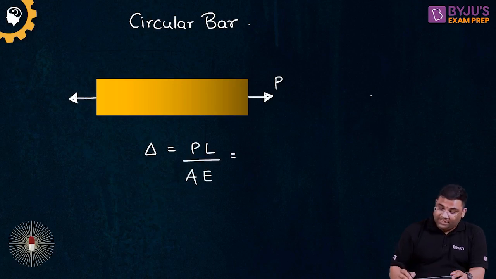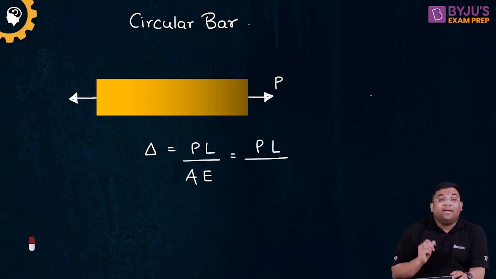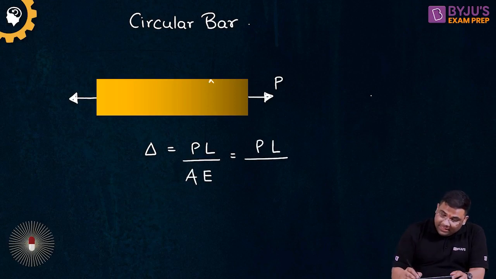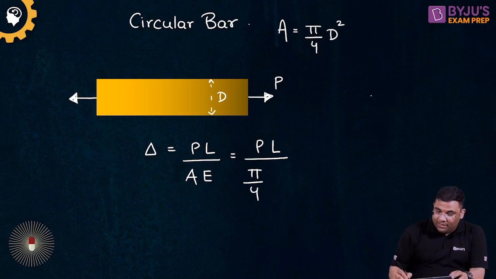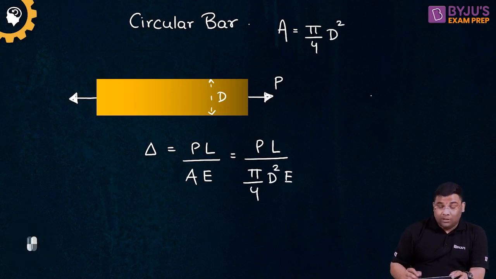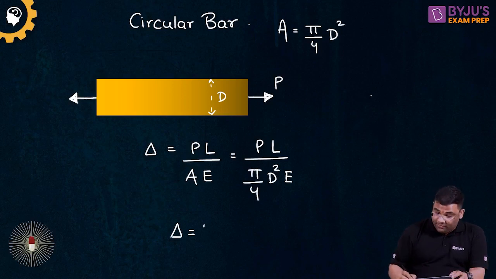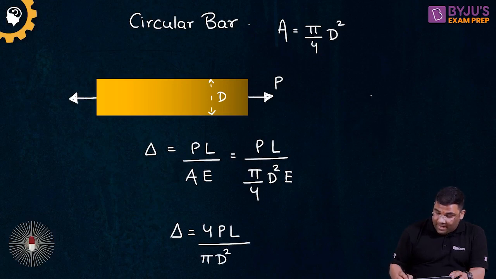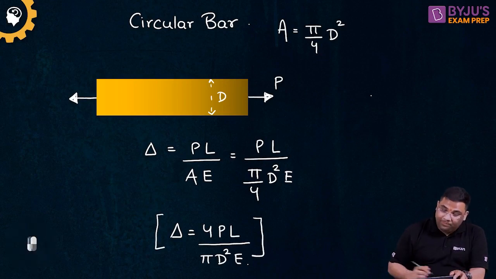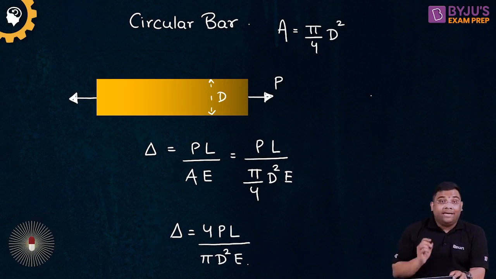Now you see, this is P, this is L. In place of area, the diameter of this bar is D, circular bar, so the area will be simply pi by 4 into d square. So here I will write pi by 4 d square into E. So the deformation will be 4PL by pi d square into E. This is the expression for finding the deformation of a circular bar under axial load.